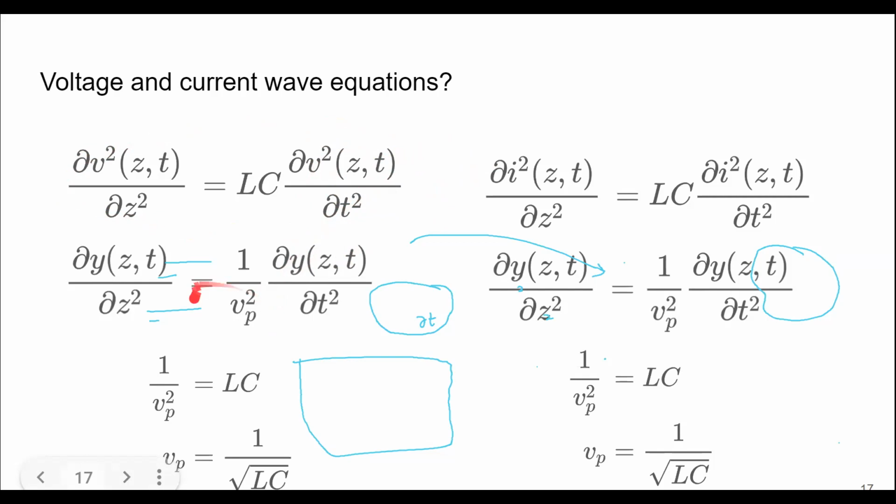So in physics, we learned that the second derivative of the wave displacement is equal to the wave velocity term times the derivative with respect to time. So we can take that these two expressions are almost similar, right?